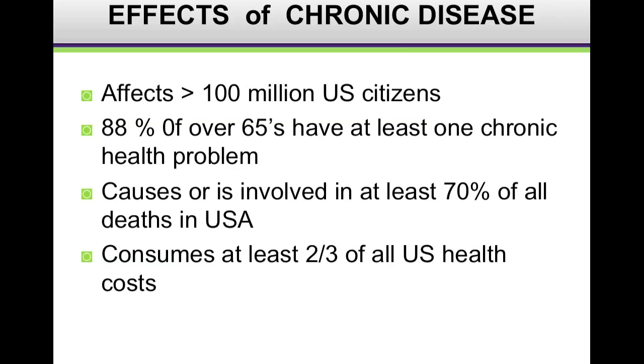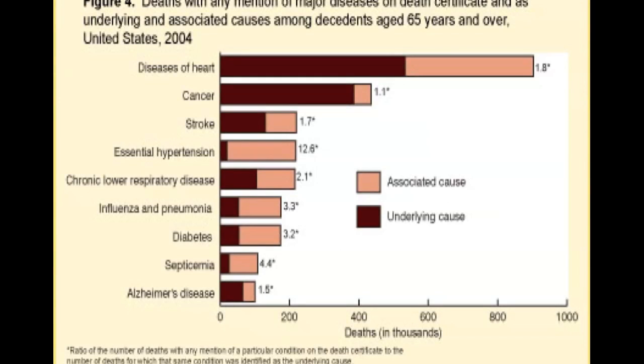And in many instances, it is not being adequately dealt with. The causes are involved in at least 70% of all deaths in the United States, and you will see a slide on this later. And more importantly, chronic disease consumes a huge amount of budgetary healthcare costs. At least 2/3 of all US healthcare dollars are spent on chronic disease problems.